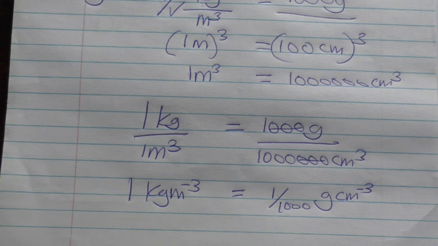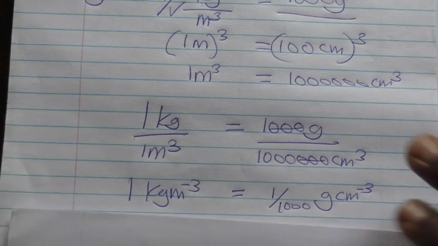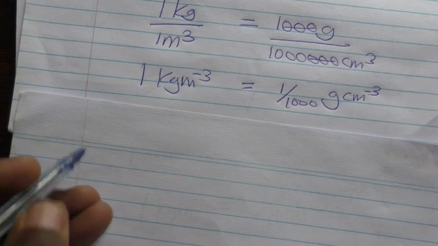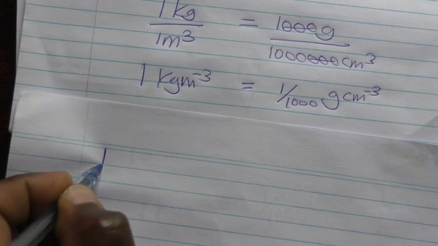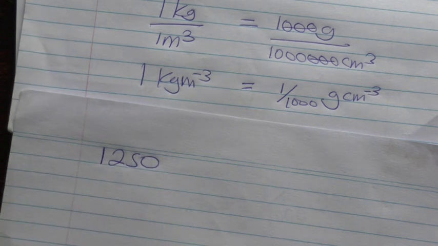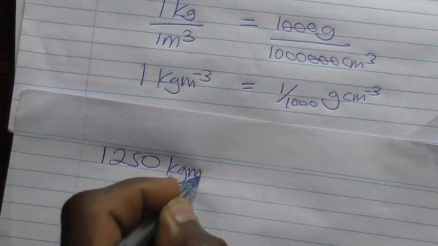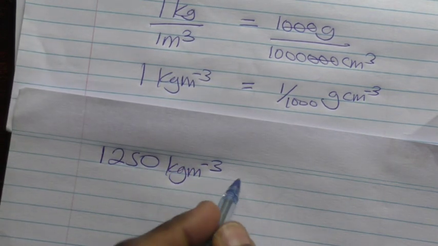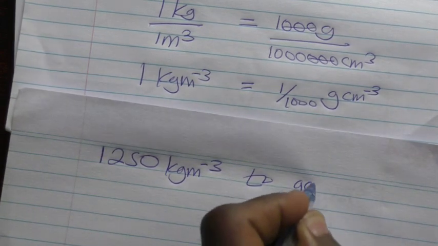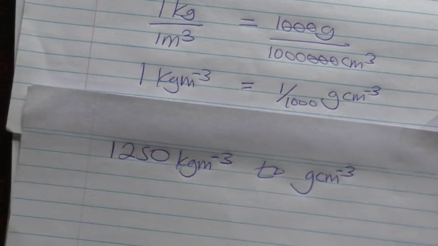So when we are converting from kilogram per meter cubed to grams per centimeter cubed, we divide whatever we are given by 1000. For instance, let's look at how we shall convert 1250 kilograms per meter cubed to grams per centimeter cubed.